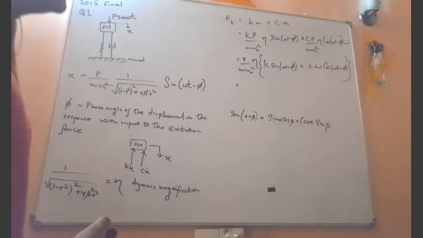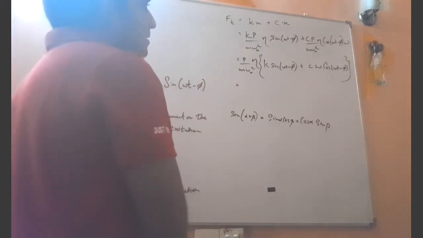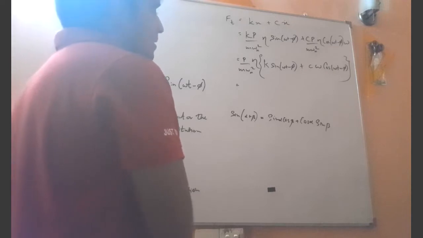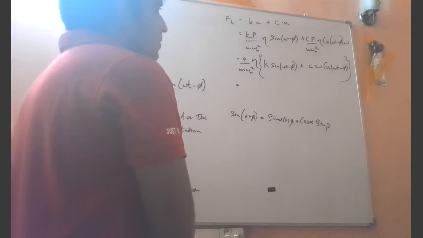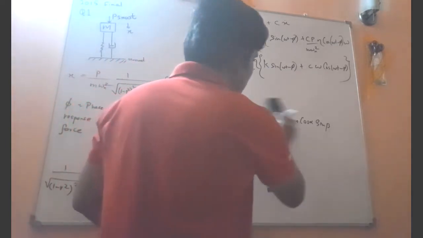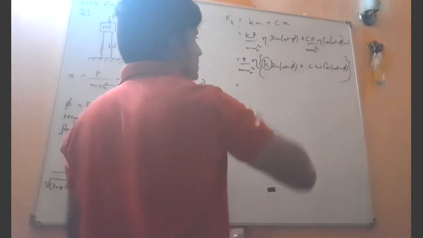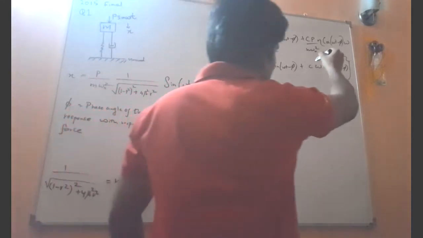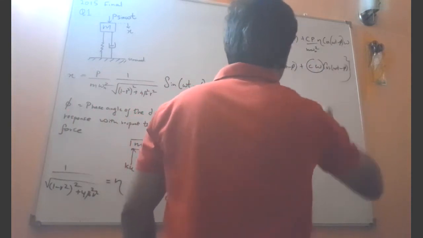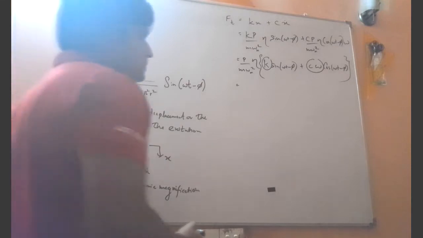So then how can we obtain such a relation? Okay, so now what we are going to do is just focus on this part, and also focus on this part. So now we will be doing something like this.